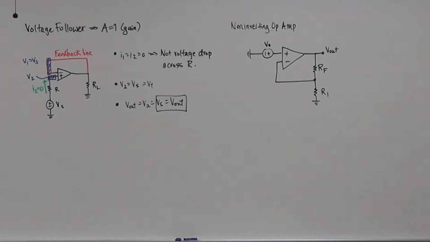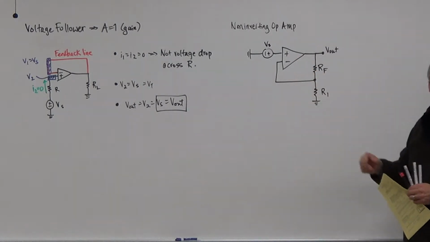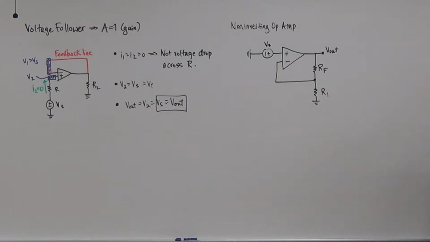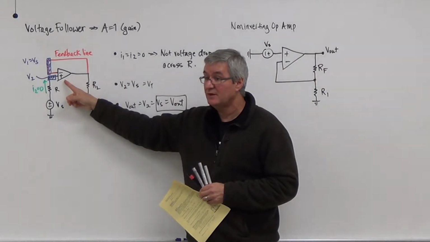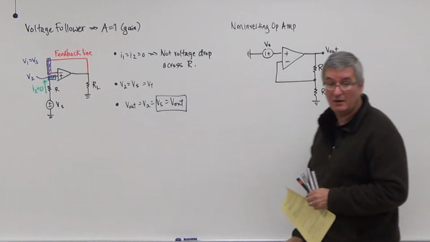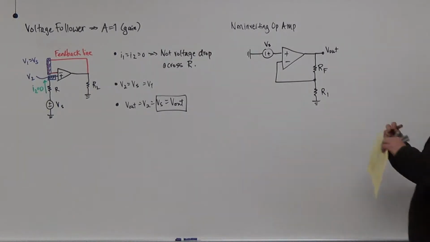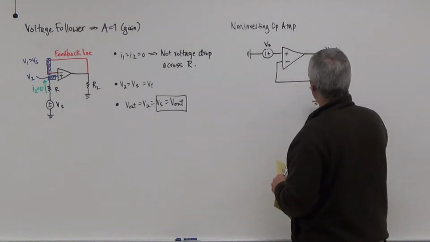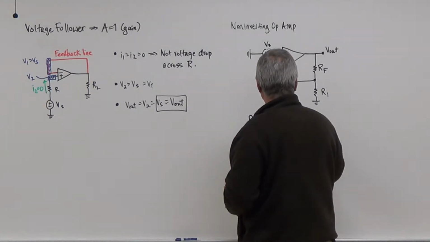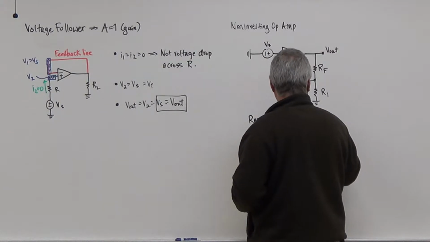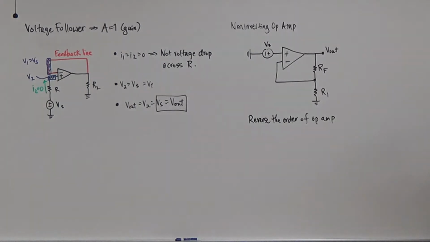So the first thing I would like to do is note that I have the polarity positive and negative. What I want here is very similar to this case. I want to draw it with the positive down and the negative up. I don't have to do that, but it's more common that we do that. So I'm going to reverse the order of the op-amp.